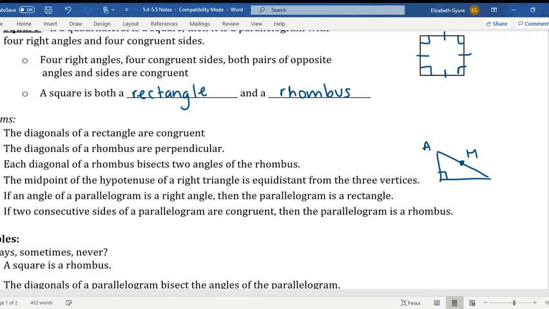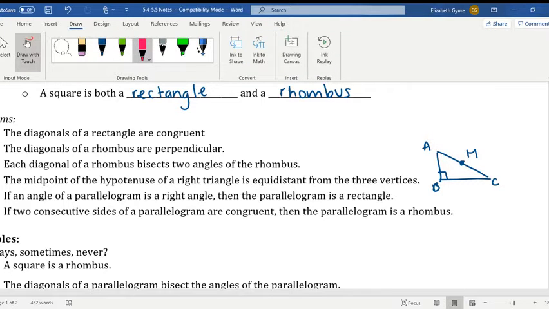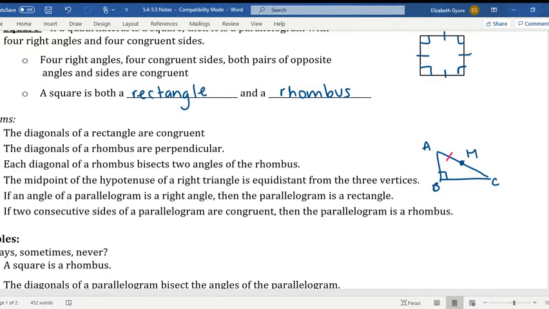So let's say your vertices were A, B, and C. The distance from M to A is going to be the same as the distance from M to C, which is going to be the same as the distance from M to B. That's what that's saying. Okay. Does that sort of make sense, guys? Okay.